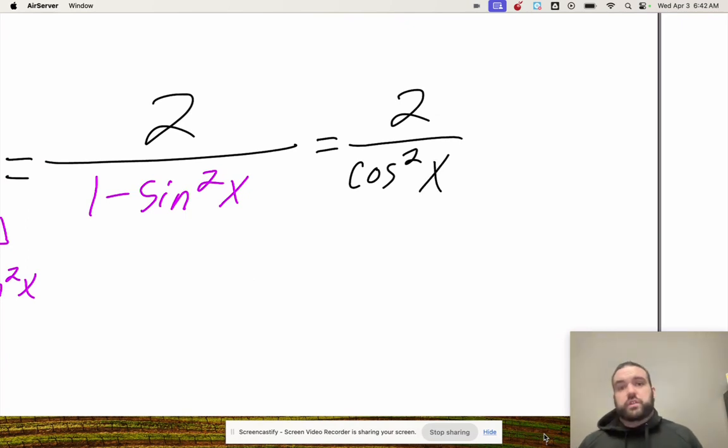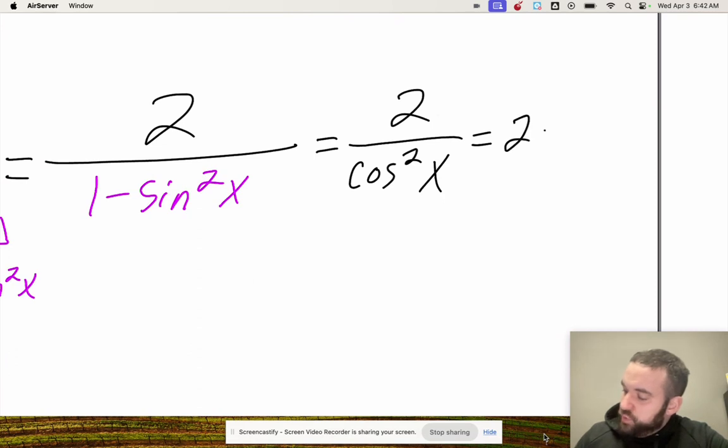which is really just 2 divided by cosine times cosine. But the reciprocal of cosine is secant. So I can think of it as 2 times 1 over cosine, and then squared.